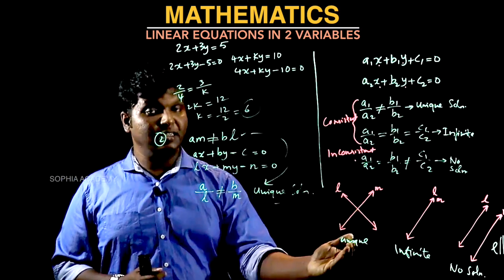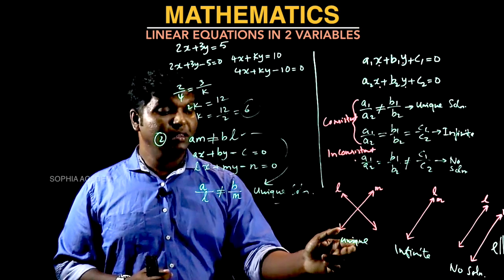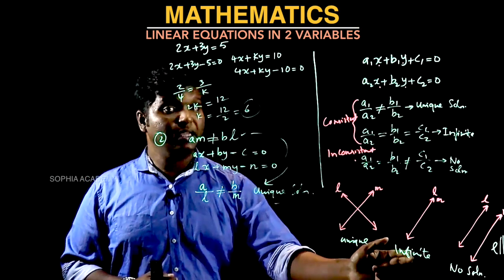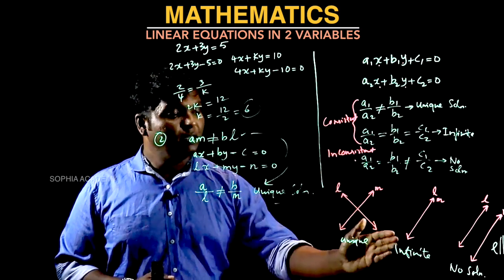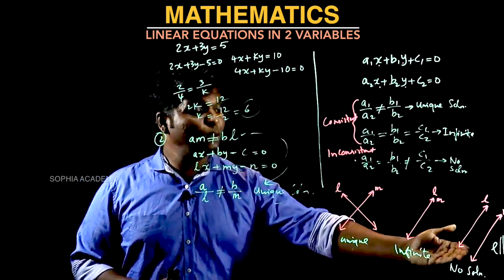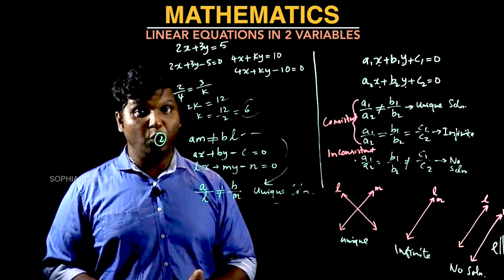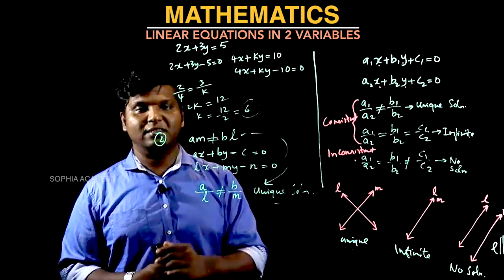Here, is this consistent? Yes. Why? Because there is a unique solution. What about this one? Is it consistent? Yes. Why? Because they also have solutions, an infinite number of solutions. Is this one consistent? No. Why? They do not have any solution at all, as they are not intersecting anywhere.